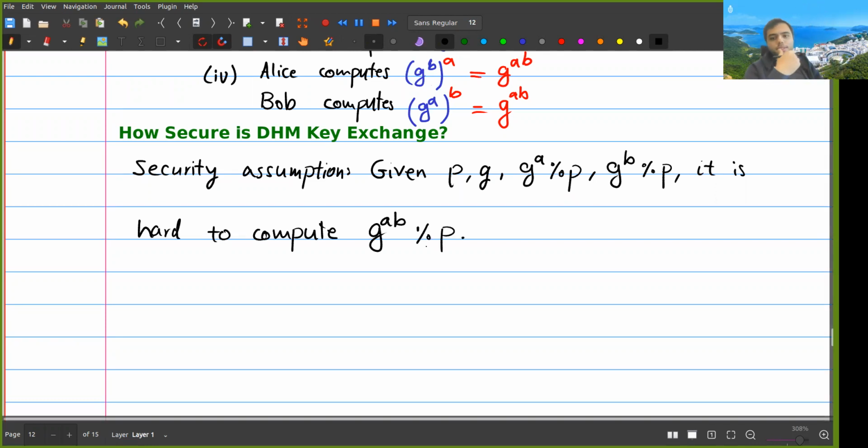This is our security assumption. Because if an adversary can do this, then they can pretty much find our key.